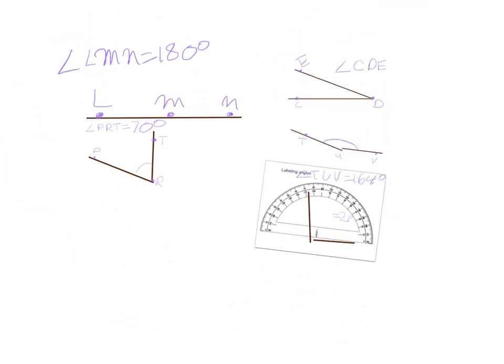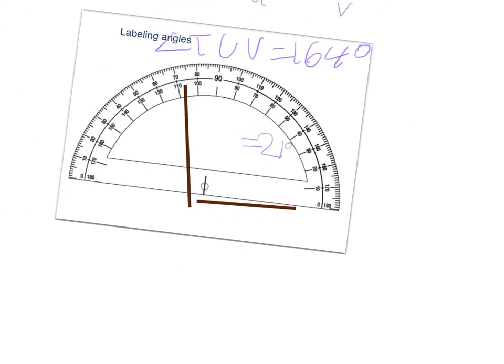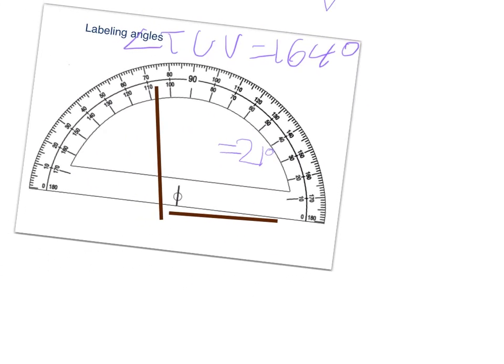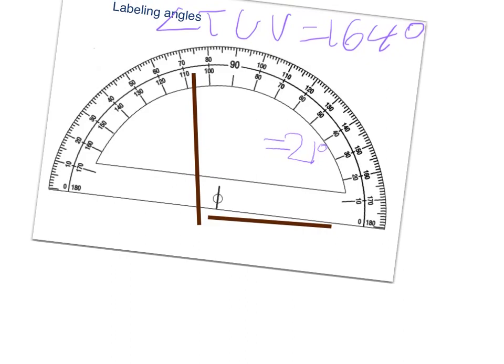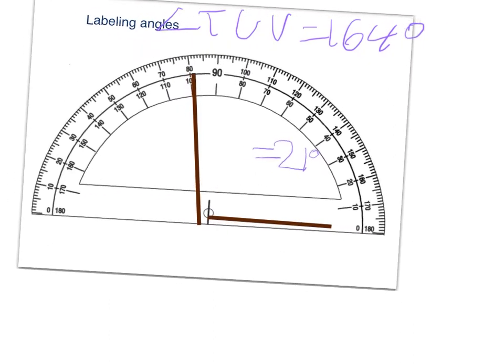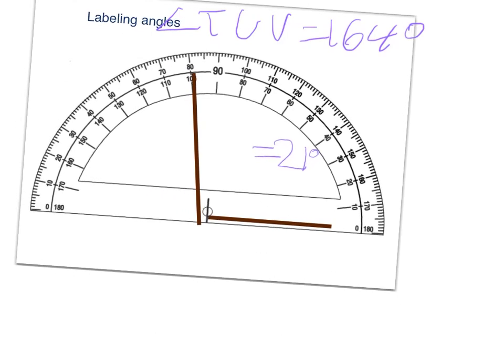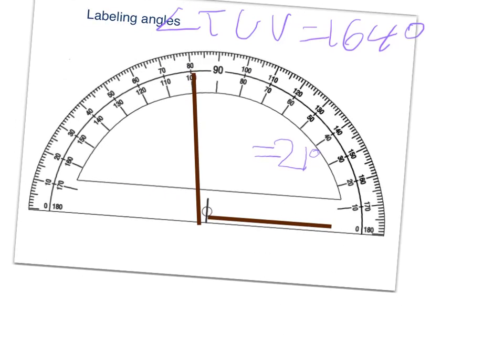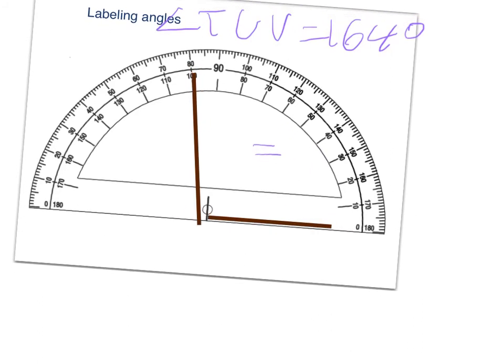Bring my protractor down. Let's zoom in some. Let's turn it this way. Oop, I brought my 21 with me. I'll have to erase that, if I can. There we go.